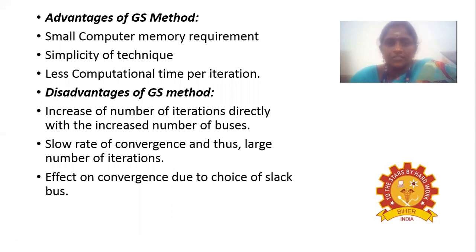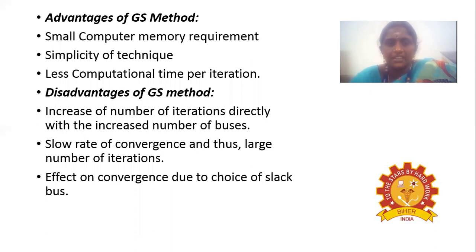Now we'll see the advantages of the Gauss-Seidel method. It has a small computer memory requirement, it is a very simple technique, and less computational time is required per iteration. But the major drawback of the Gauss-Seidel method is that the number of iterations increases directly with the number of buses.